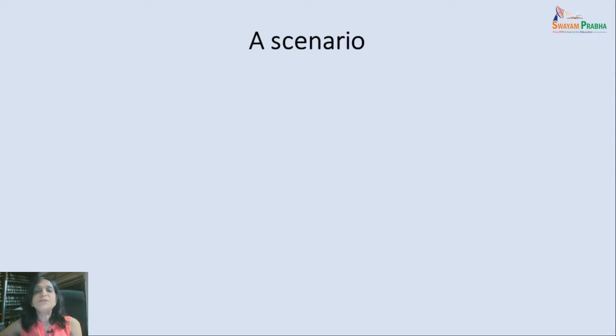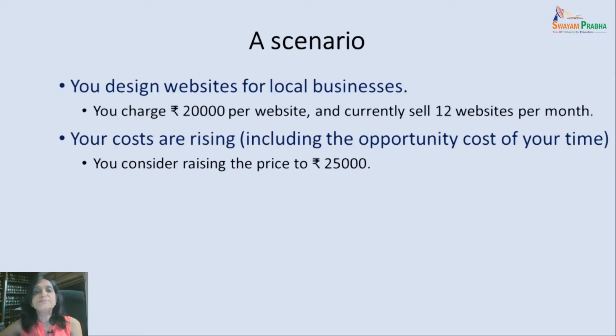So when we apply this law of demand, what can be the resultant effects? For example, assume that you are designing websites for local businesses and you are charging rupees 20,000 per website and you are currently selling 12 websites per month. So this is the current scenario.